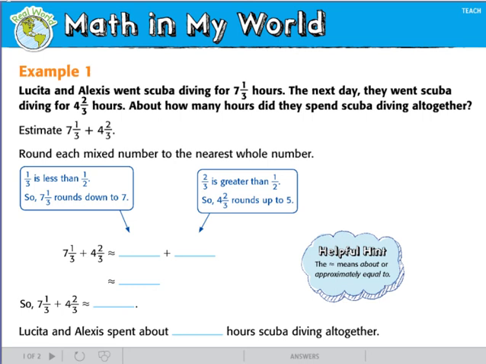Well, the first thing we're going to do is we're going to set up our problem, which they did for us right here. Okay? 7 1/3 plus 4 2/3. But we're estimating, which means we need to round each mixed number to the nearest whole number. We are not doing this.